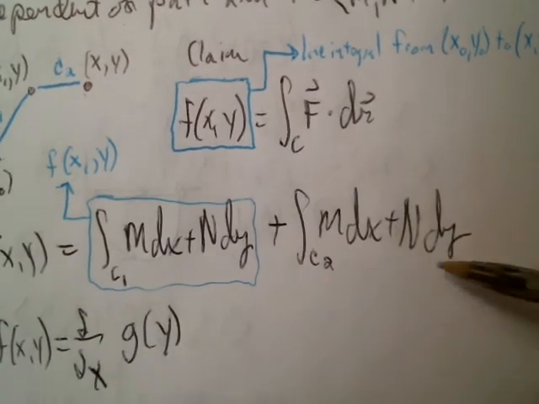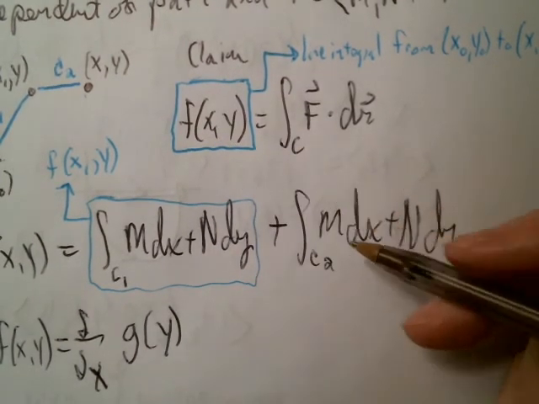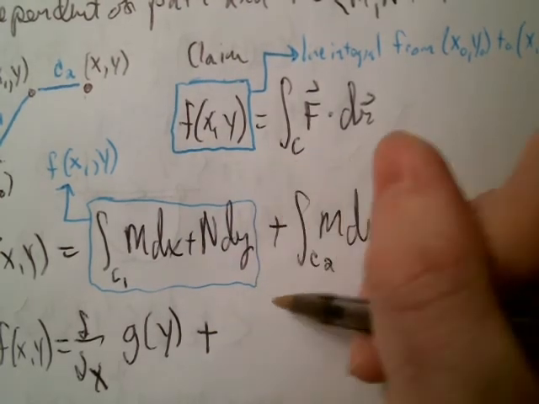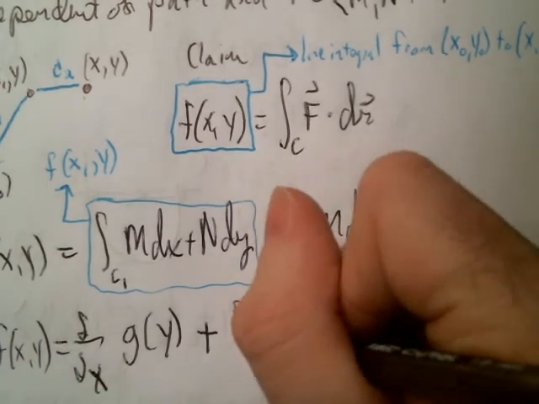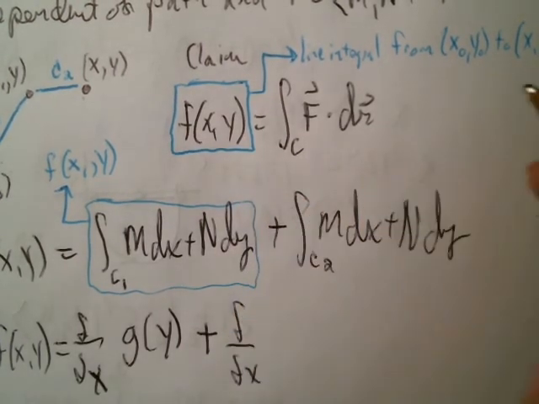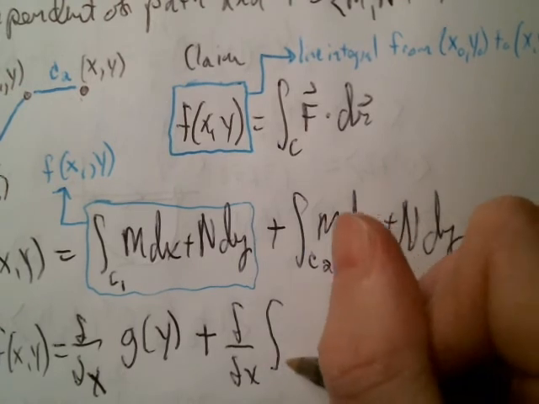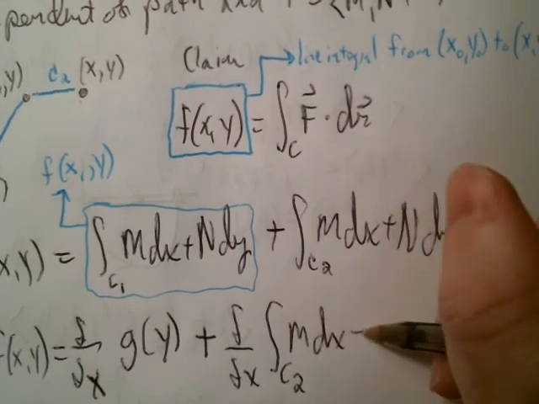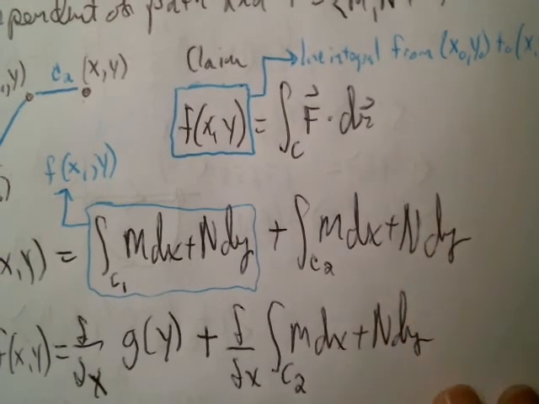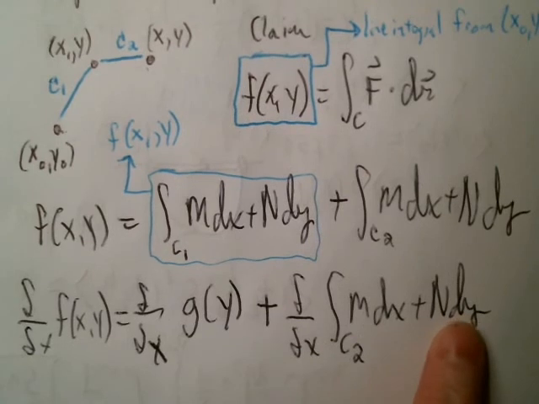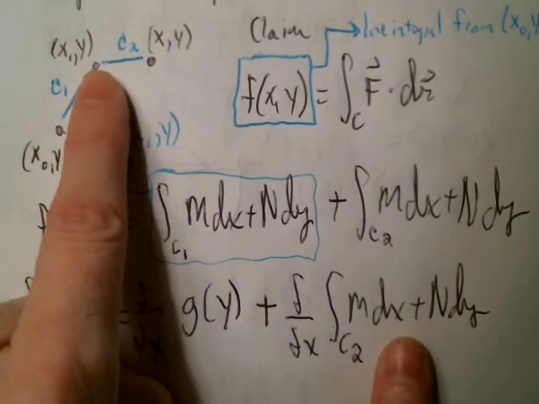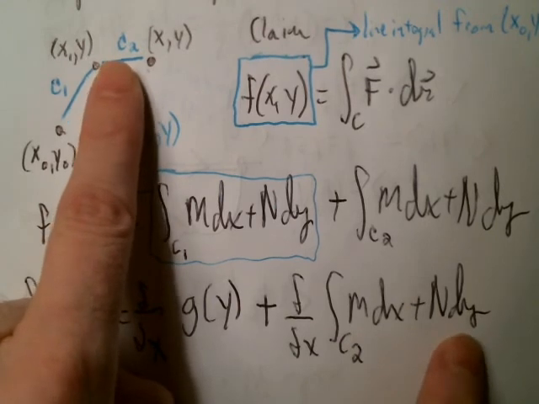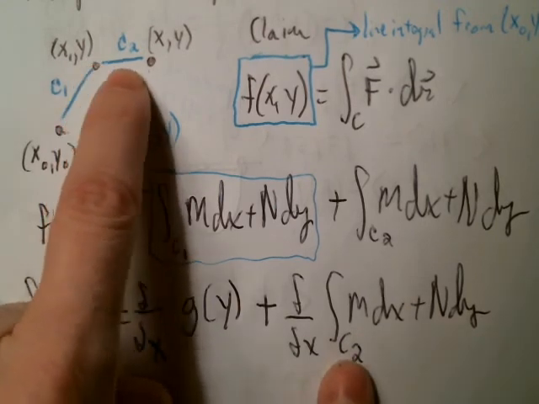Then this thing right here, I'm not going to worry about it in terms of the potential function. I can just look at it as is, right? So the partial with respect to x of this line integral over the curve C2 of m dx plus n dy. For this part, that's why I chose this horizontal line right here, because the change in y over this curve is 0.